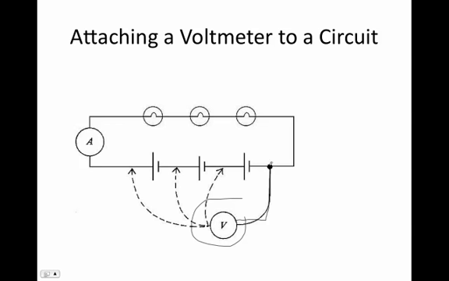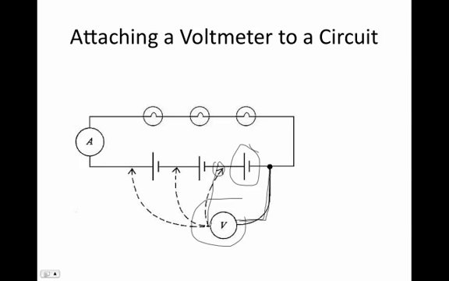So if we wanted to measure the voltage here, we would put one wire, just touch it along there, and then we'd put the meter here, and then we'd connect the other wire right there to measure the potential difference or the amount of energy or how much push it can provide.